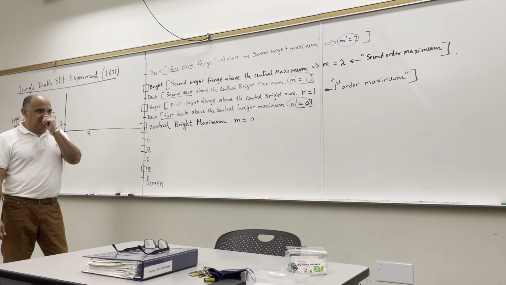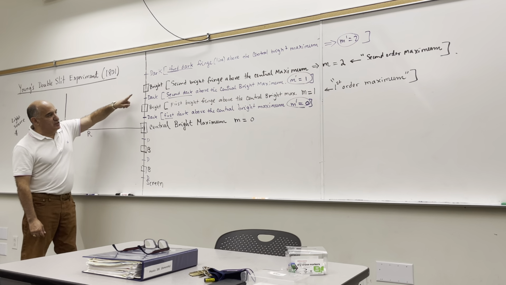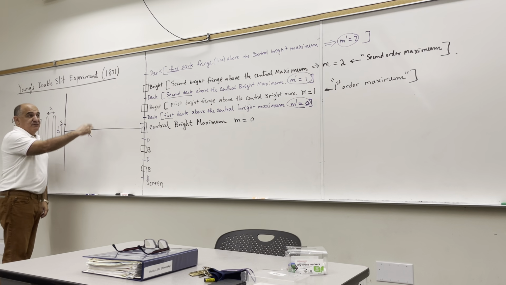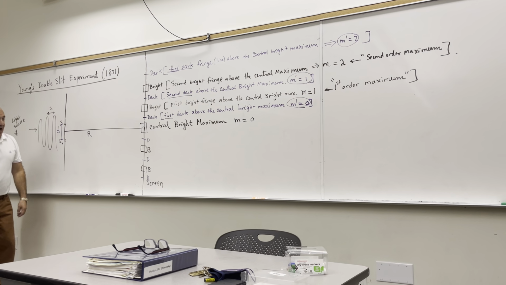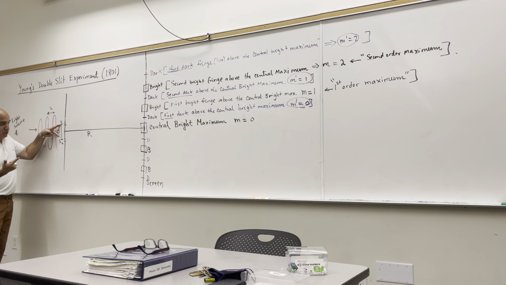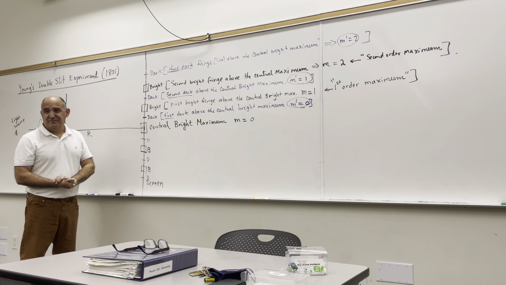And usually the question deals with the separation between them, how it relates to the distance from the screen to the slits, to the separation between the slits, and to the wavelength. So there are 4 distances in there, and there's a relationship between them. The wavelength is a distance. The distance from the slits to the screen is another one. The separation distance between the slits is another one.